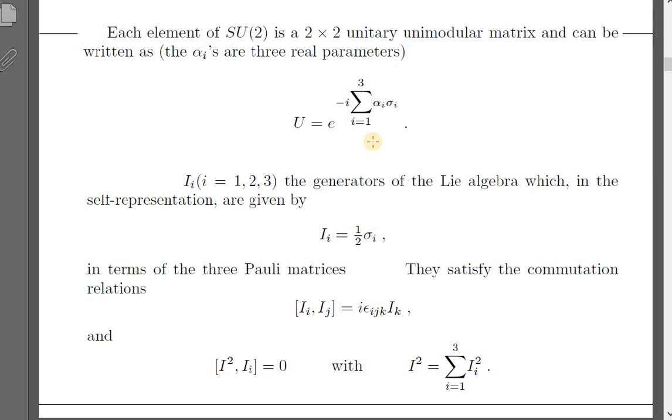And if I talk about the generators of the Lie algebra for this group, if I name them with index small i, then these are the 3 generators, and I am writing them in terms of the Pauli matrices, which satisfy the commutation relation here.